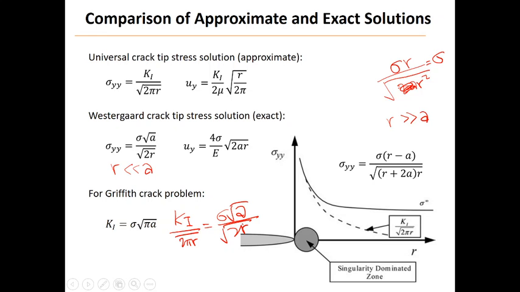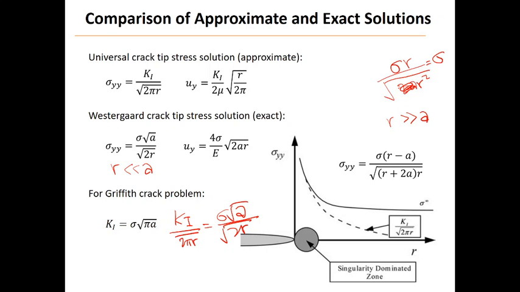And if you do that, you can actually calculate K1. Now, this can be derived analytically for this particular problem just because we already know analytically what the stress field is. Typically K1, you can't really get analytically. Most of the time, again, we use finite element analysis.